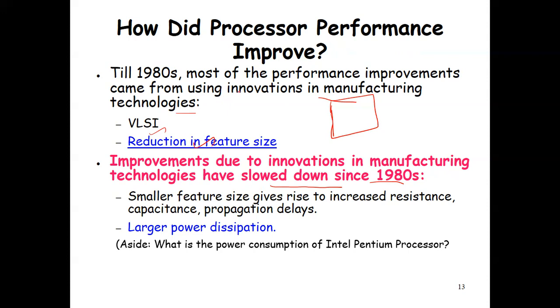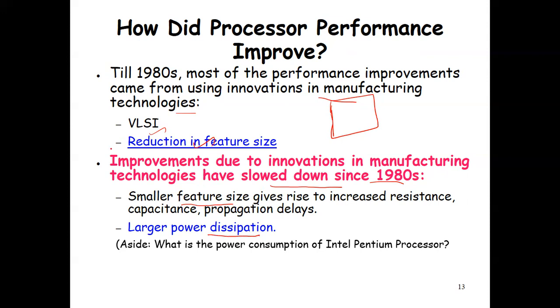If innovation happens in manufacturing technologies, it results in smaller feature size. Because of that, smaller feature size gives rise to increased resistance, capacitance, and propagation delays, and larger power dissipation.